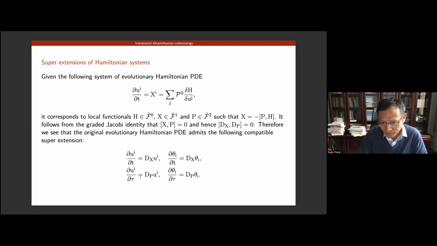We have this evolution of the original unknown function u^i and the odd variable theta_i by using this derivation dP. So we have this super extension of the evolutionary PDE. And these flows are commutative because we have the commutativity of X and P. Okay.